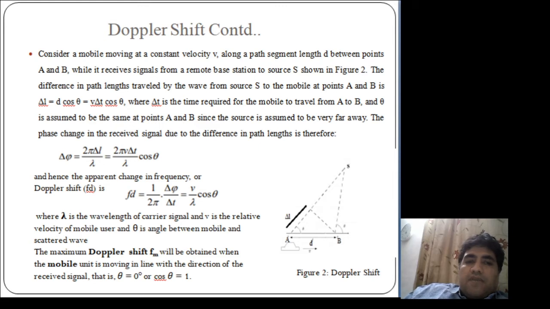So delta phi equals 2 pi delta L by lambda. 2 pi is used to convert this into cycles per second.